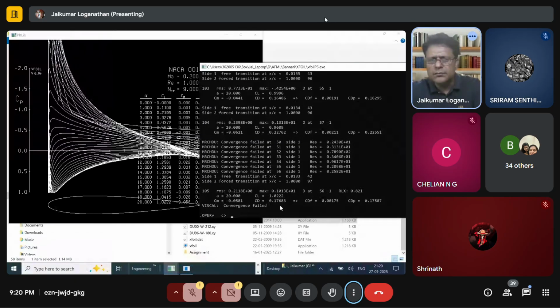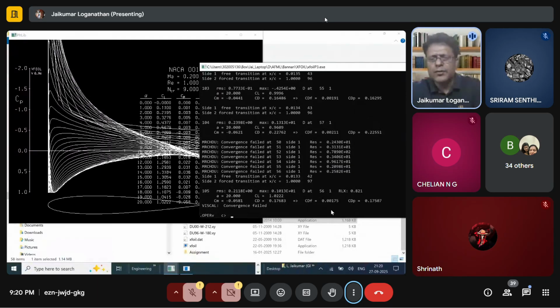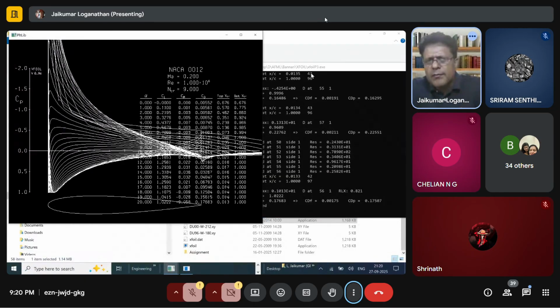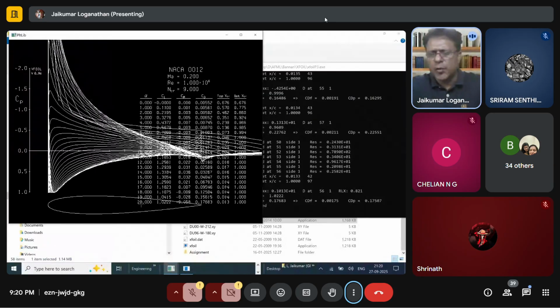So now, how do I copy these values to a file, right? So what you have to do is, I think this is PACC. Okay. So before that, the way XFOIL works is, now we have stopped at a 20-degree angle of attack, right?